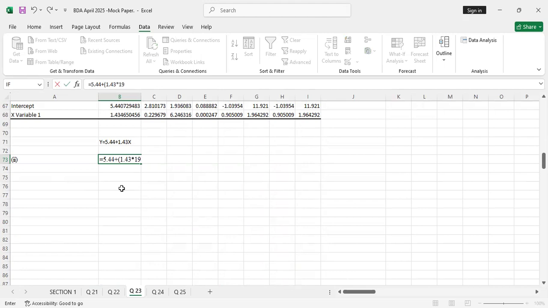Just enter. So the sales will be around 32.61.